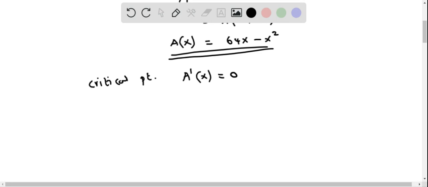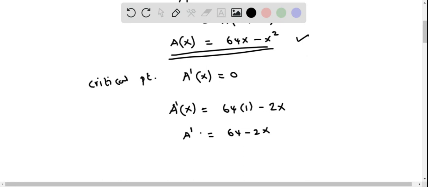So let's find the derivative of the A of x function, which is A prime of x, and this equals the derivative of 64x, which is 64 times the derivative of x, which is 1, minus the derivative of the x squared term, which is 2x when we apply the power rule. So this becomes 64 minus 2x.